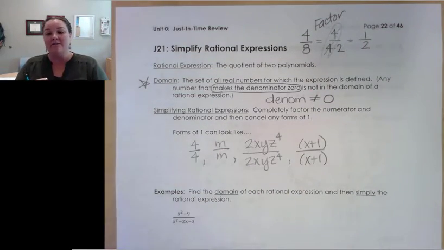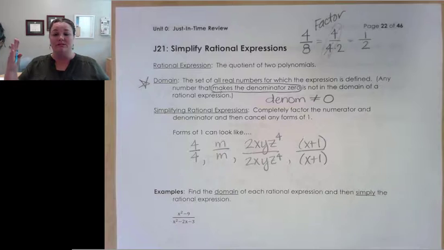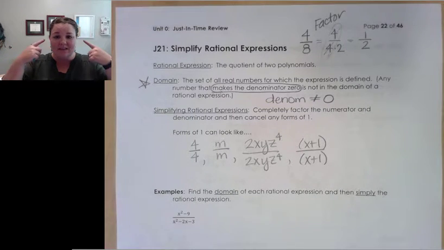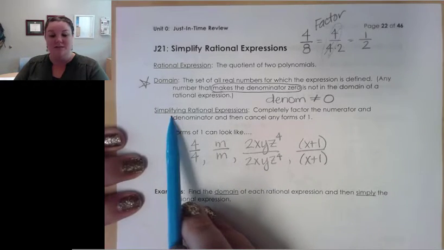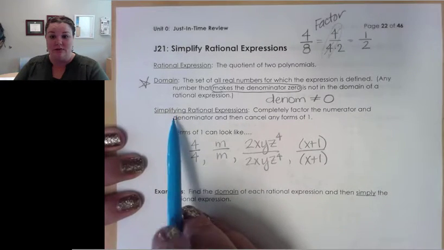So when we're trying to figure out what all possible numbers we can use, we can use all possible numbers except the ones that make the denominator 0. I'm going to show you how to use the denominator to figure out what those excluded values should be so that we can find the domain, and then we'll get into simplifying by factoring and reducing.